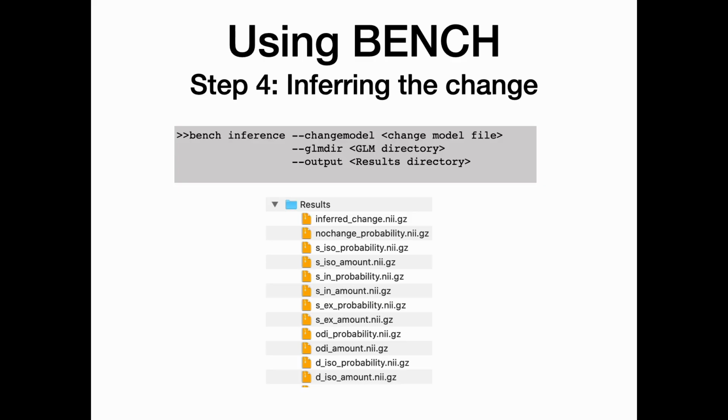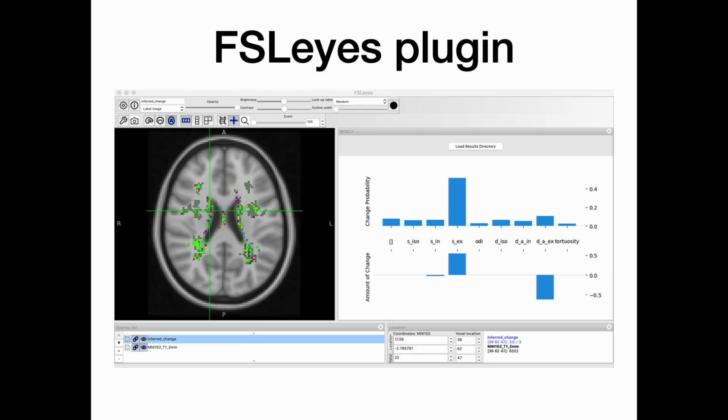These are the main output of Bench, and they can be visualized using FSLeyes. Bench also comes with an FSLeyes plugin, which is included in the source directory. This can be installed following the standard FSLeyes plugin installation instructions. Once installed, it allows you to load the Bench output directory in FSLeyes and then look at your results.